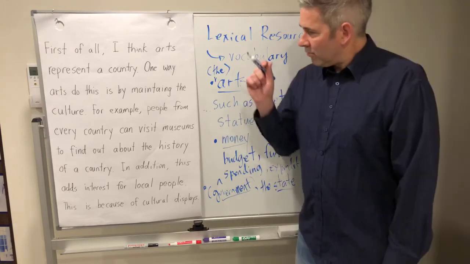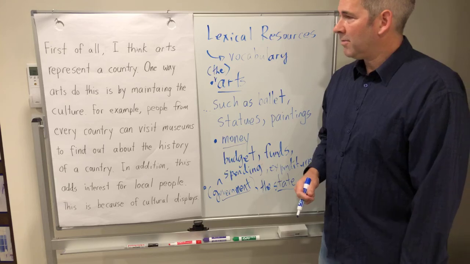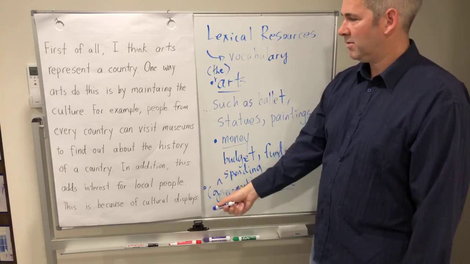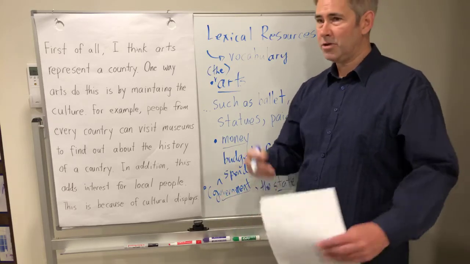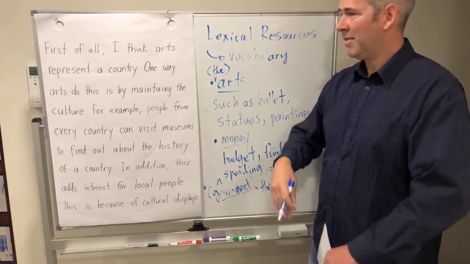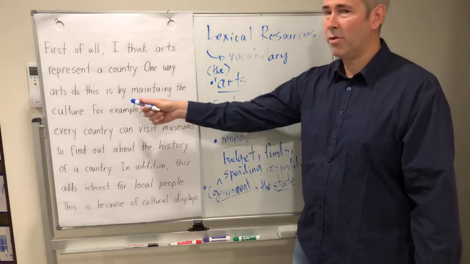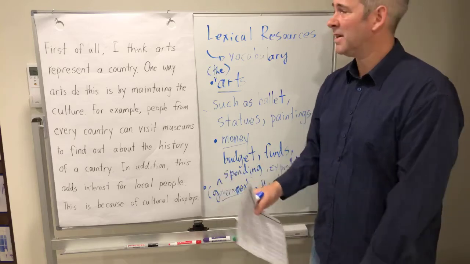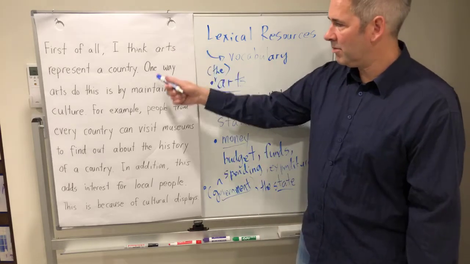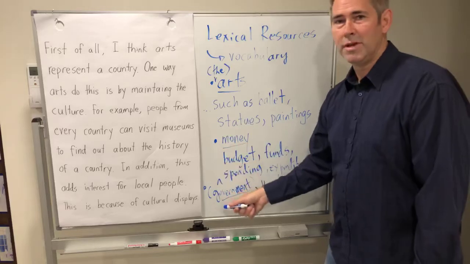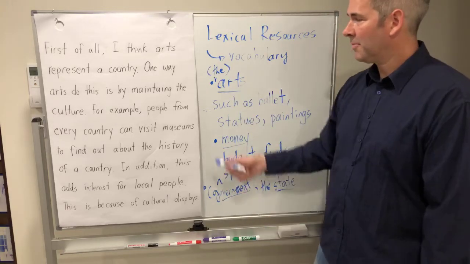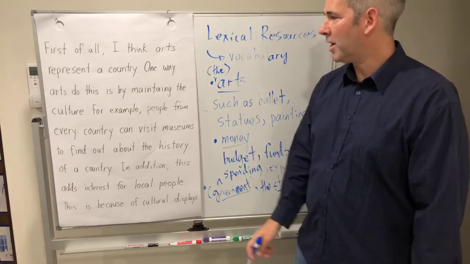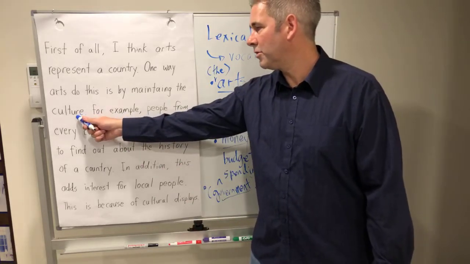Now, what I tend to do when I'm giving feedback on vocabulary for individual essays is I look at a main body paragraph, usually one at a time, and then I think about the use of keywords in that main body paragraph. Maybe those words are used throughout the essay, but because these words are more likely to be used throughout the essay, when I'm just considering this main body paragraph, what I notice is the word culture once.